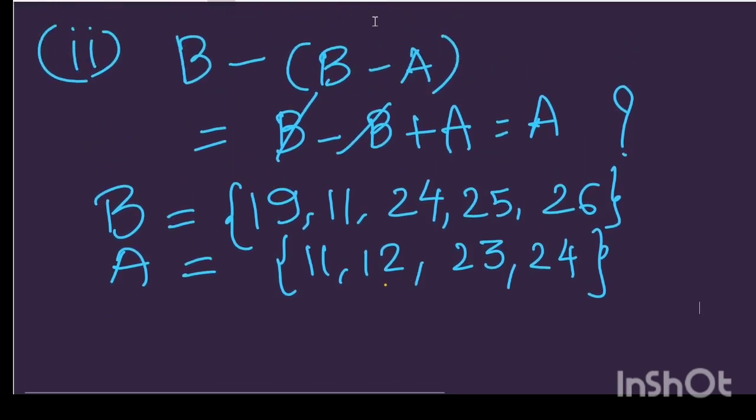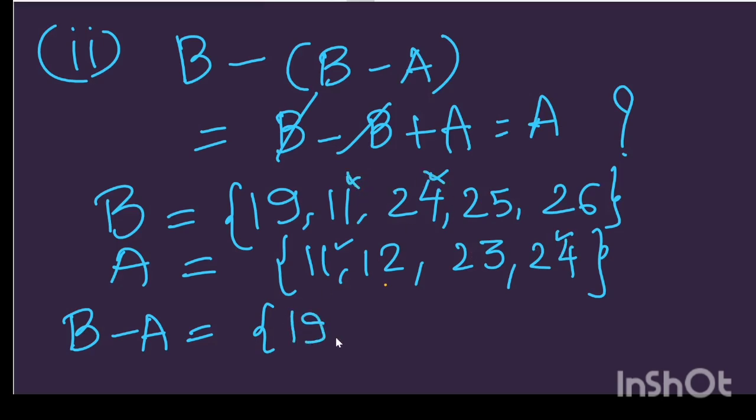Now if we calculate B minus A, the common elements, which are 11 and 24, we will exclude from B. So B minus A is 19, 25, 26.